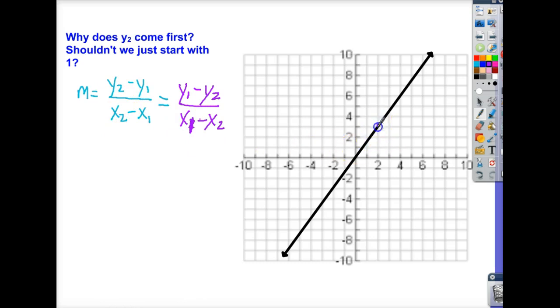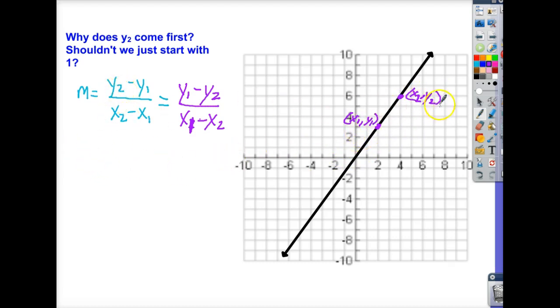Well, let's try the same 2 points we just looked at. 2 would be the one that comes next when you're moving from left to right. So this is x1, x2, y2. That's the point x2, y2. This is the point x1, y1. So if I take this y value, let's do it how we should first.